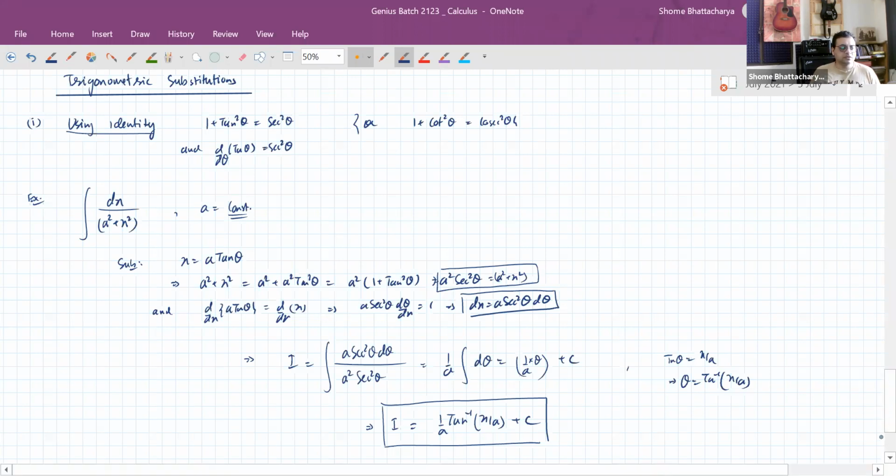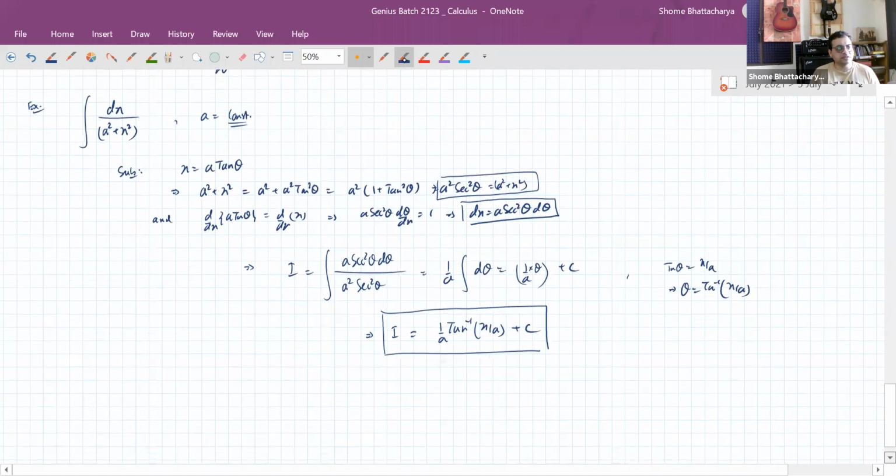So these trigonometric substitutions, each of them that we are going to discuss, involve a certain trick. Here the trick is basically making use of the identity that 1 plus tan square is equal to sec square, and the derivative of tan is also sec square.